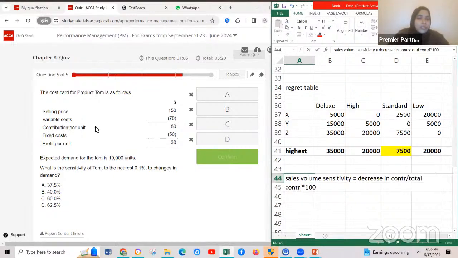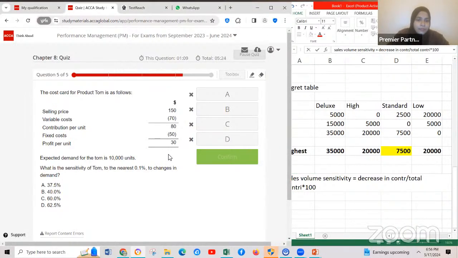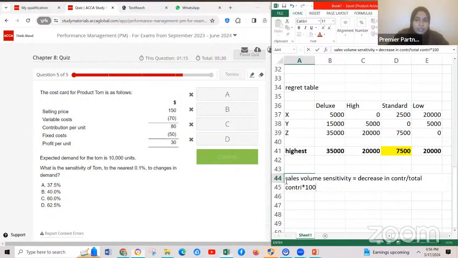So your contribution can decrease by 30 before the profit becomes 0. So 30 divided by 80 into 100%.